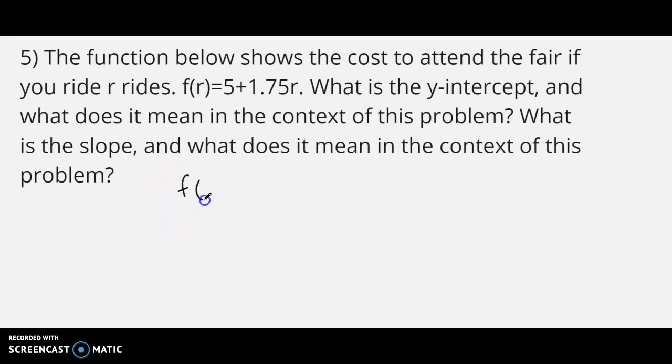Well, let me write this function again. And I'm going to write it in this manner so that the variable term is first. The reason I'm doing that is so it matches y equals mx plus b, and you can kind of see what matches what. So the m, the slope, is the 1.75.